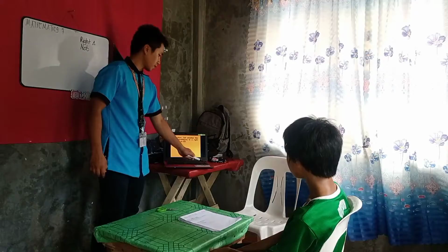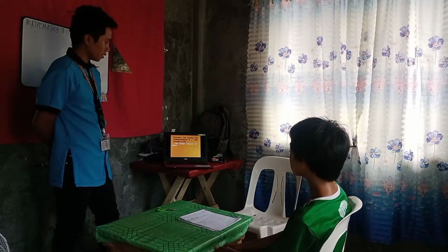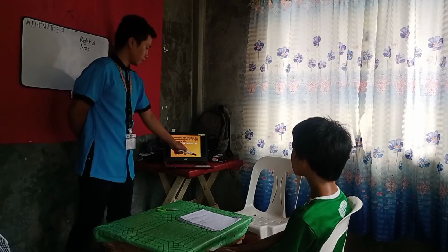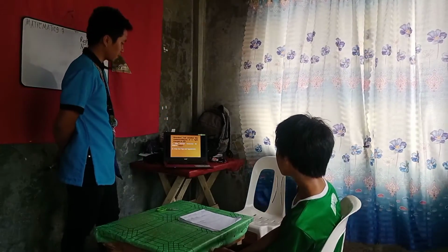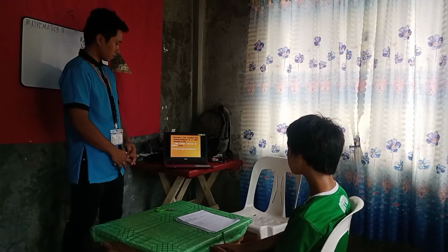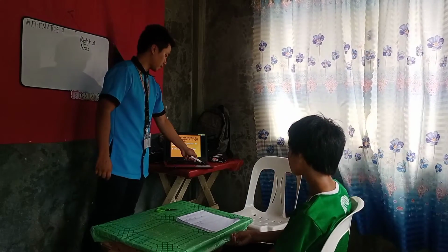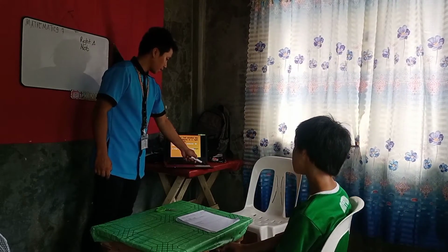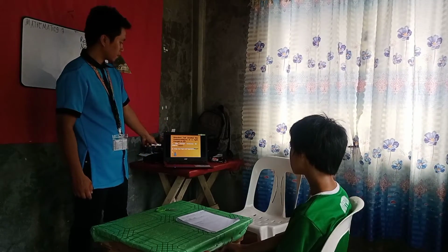Yes, sir. Number 1. Kindly read it. This triangle measures 90 degrees. Is it right? Right. It is a right triangle. Next, number 2. It has 2 legs and a hypotenuse. What is the answer? It is right. Next, number 3. Is it right?